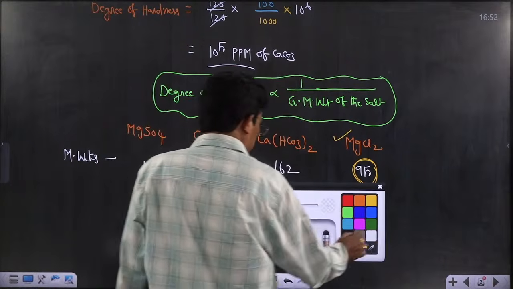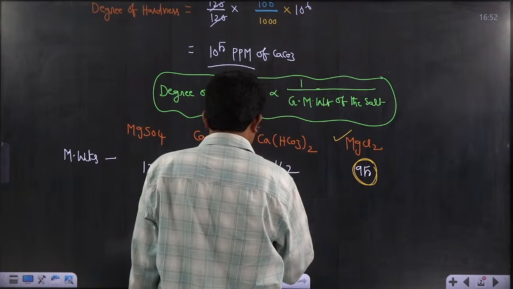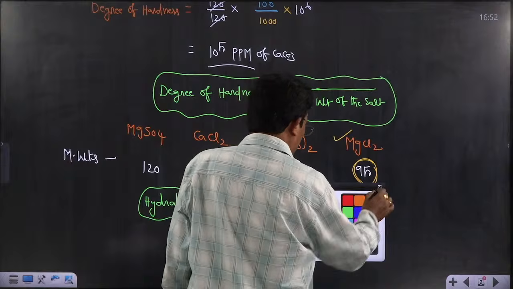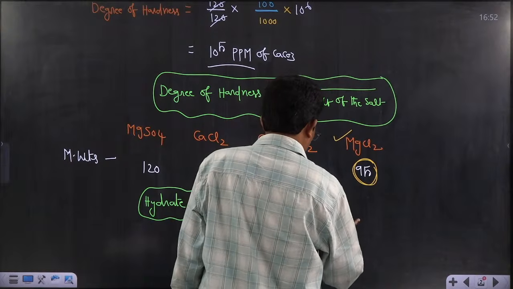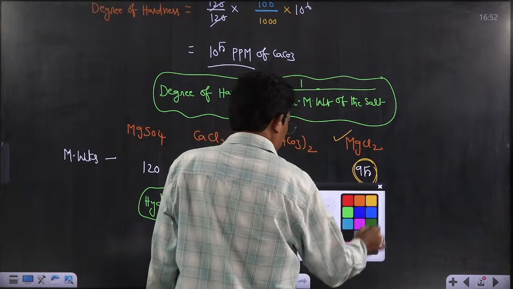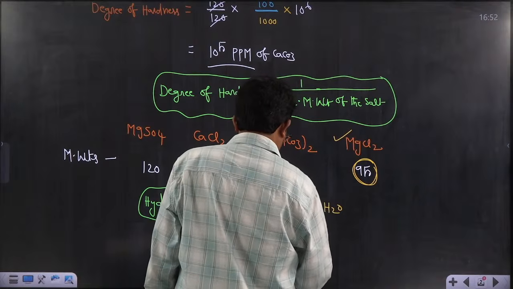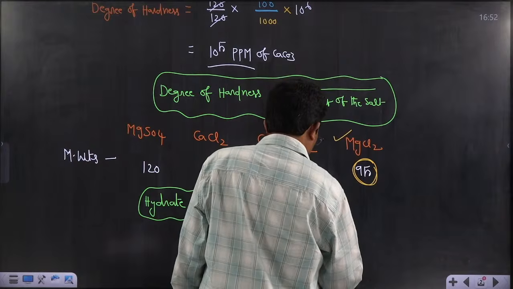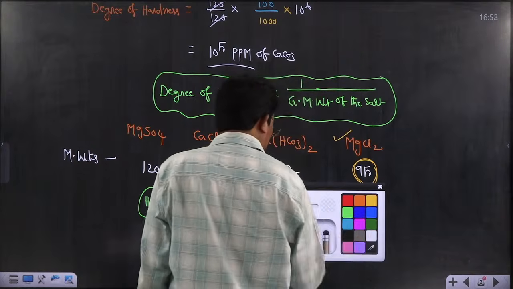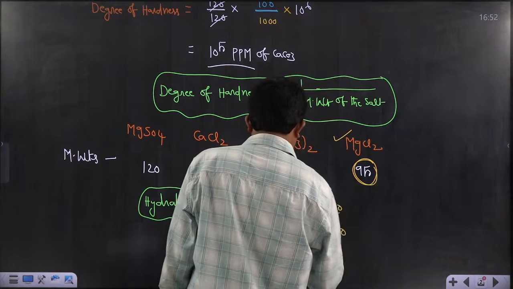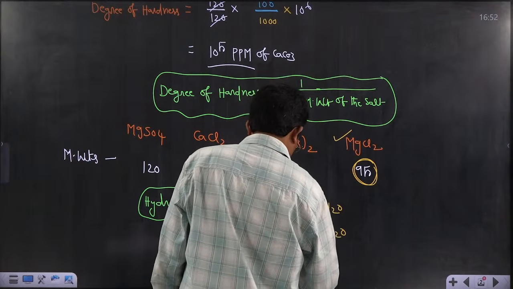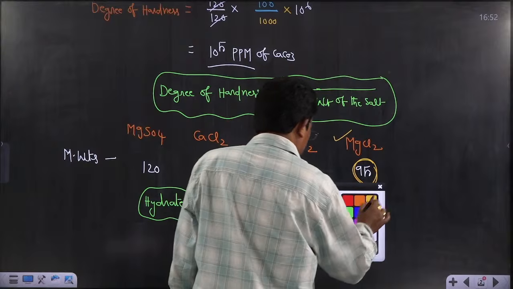Here, barium chloride along with X moles of water, chromium CrCl3 along with Y moles of water, copper sulfate along with Z moles of water.